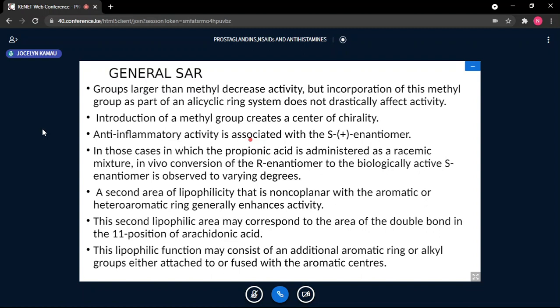So once you give them as the racemic mixture, as you can see on page 4, you have the R enantiomer.